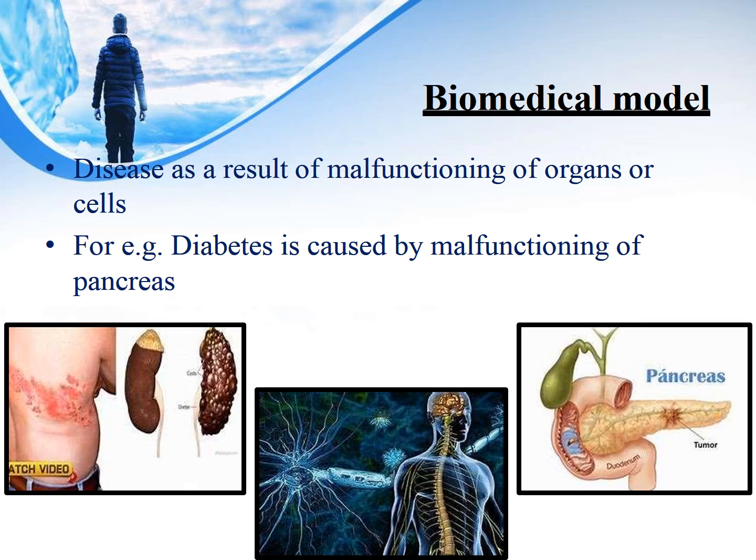It's considered to be the leading modern way for healthcare professionals to diagnose and treat a condition in most Western countries. Diseases are seen as a result of malfunctioning of organs or cells. For example, diabetes mellitus is caused by malfunctioning of the pancreas.